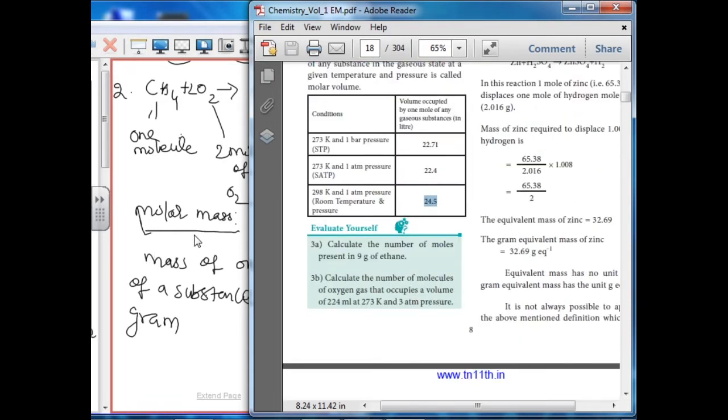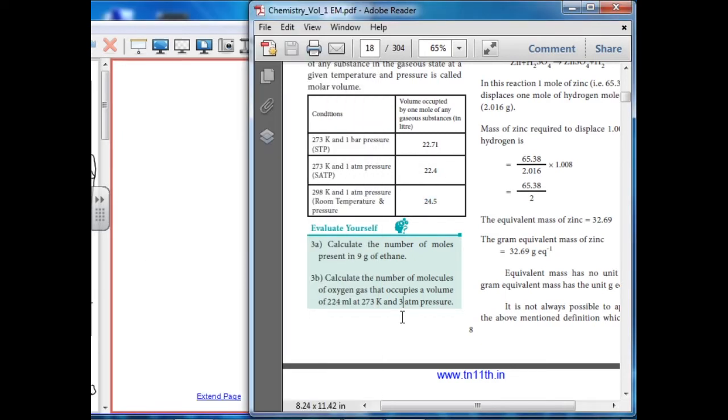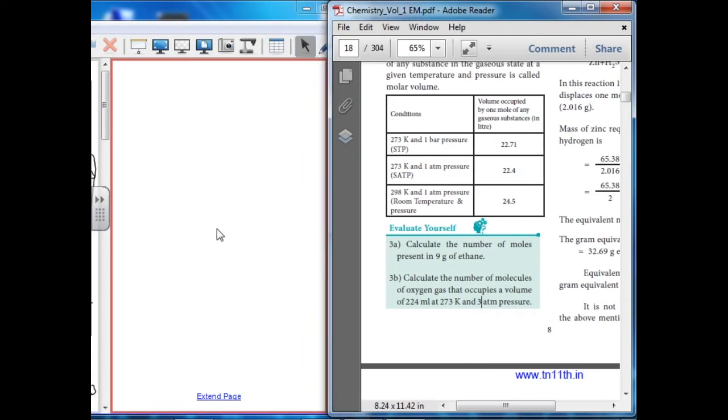Next we are going to see the self-evaluate problems. Evaluate yourself: calculate the number of moles present in 9 gram of methane.